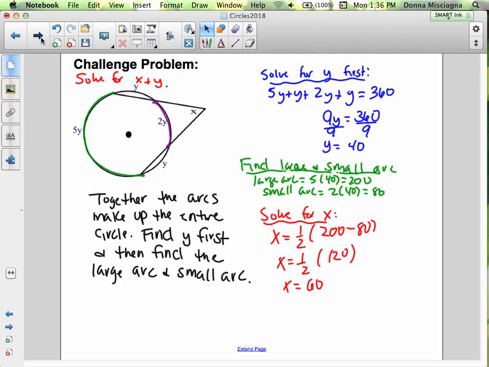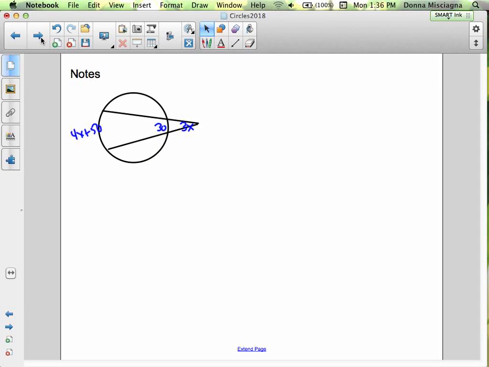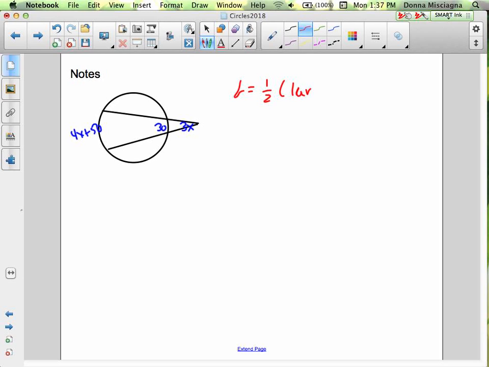And this is the last one coming up here, and it's also in your notes. All right, and again, angle equals 1/2 of large arc minus small arc. Of course, the 30 is the small, the 4x plus 50 is the large.